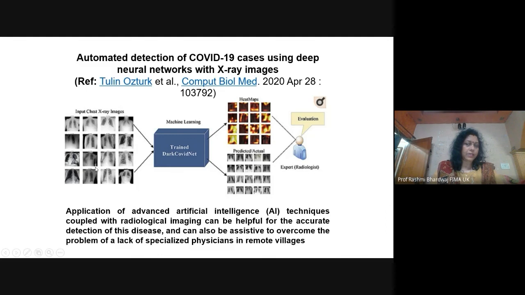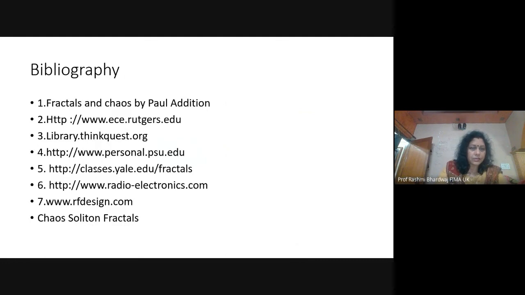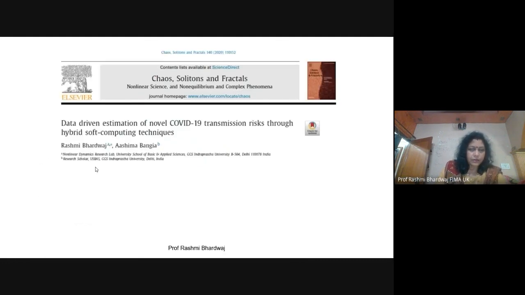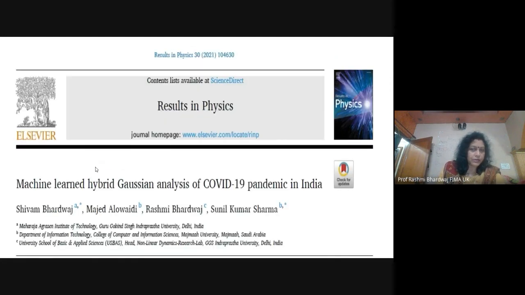Through that image analysis, we have to find out the major reason for the structure of these lungs, what should be the dimension of the fractal and how it was explored in those cases. So these are some bibliography which we have used here, and some papers which have been published using these.